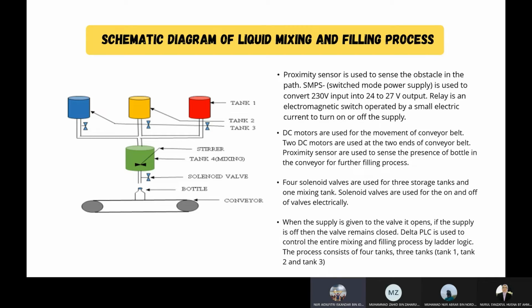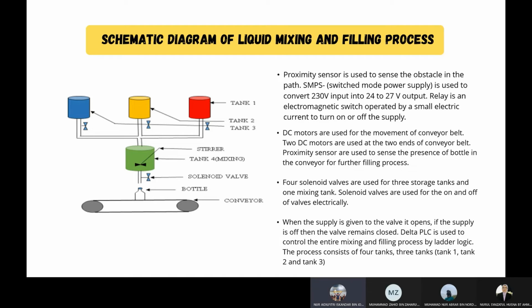Proximity sensor is used to sense the presence of the bottle on the conveyor for the future filling process. Third, 4 solenoid valves are used for 3 storage tanks and 1 mixing tank. Solenoid valves are used for the on-off of the valve electrically.